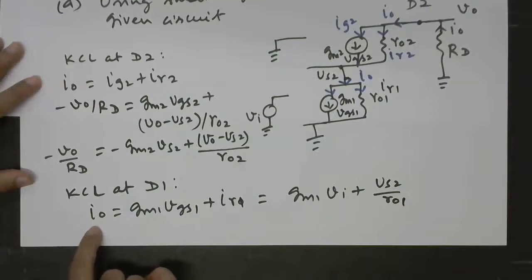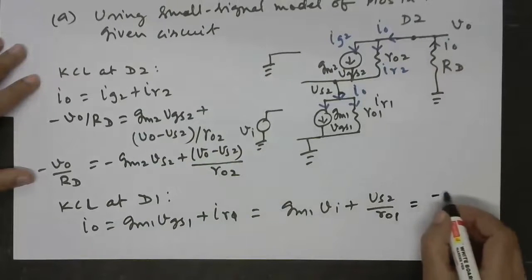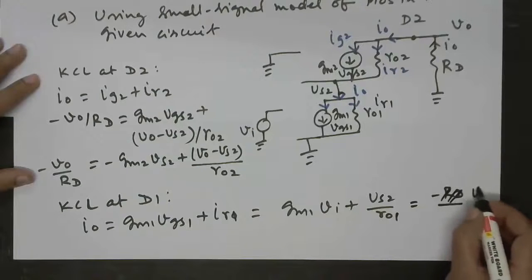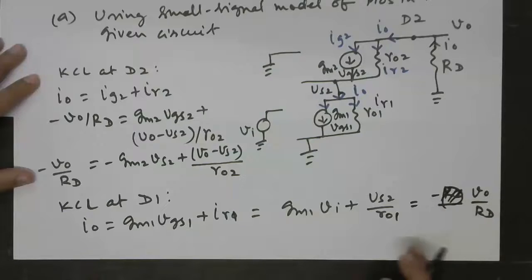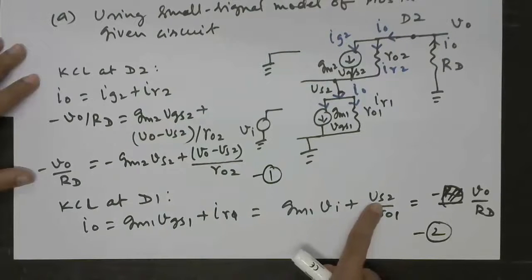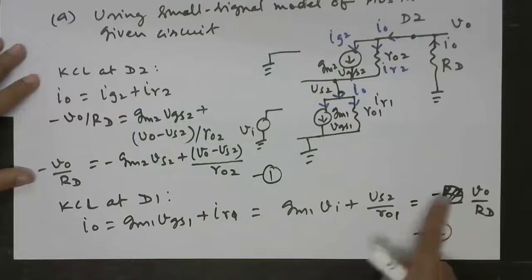And we have already found out this I0 from here, which is equal to minus VO by capital RD. So now we have equation 1 and equation 2. So you can see that VS2 can be eliminated and one can find out ratio of VO to Vi.